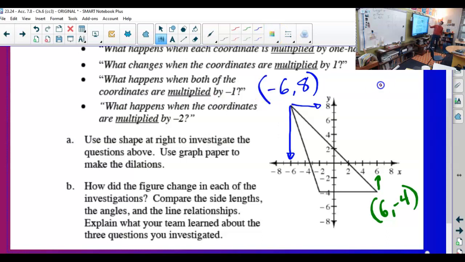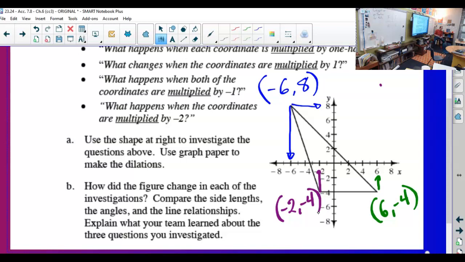So we need to graph the point negative 6, 8 after Maddie had 3 tries. Basically point 6, negative 4, and negative 2, negative 4. They're being nice to you. It's all even numbers. So on our graph paper, we're graphing negative 6, 8, negative 2, negative 4.